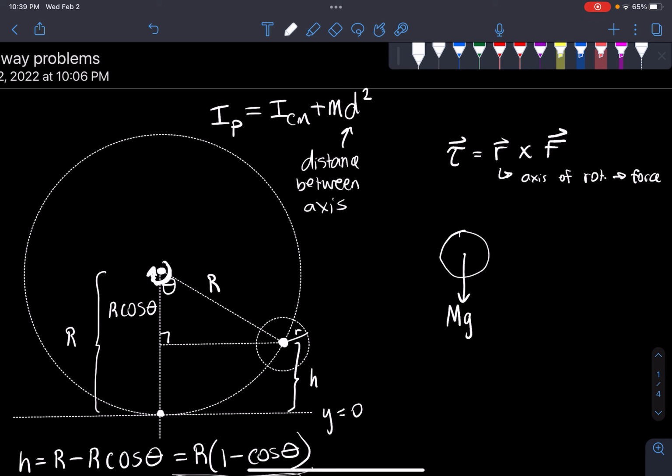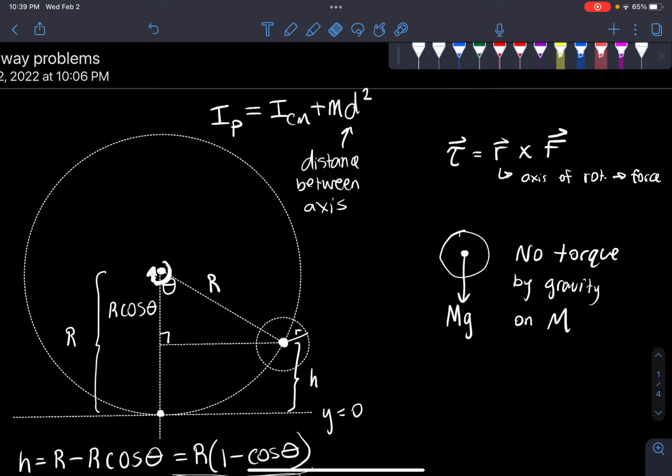So if we think about it, this is the axis of rotation. What's the distance from this point to the axis of rotation? Well, it's 0, which means that there is no torque by gravity on the big mass.